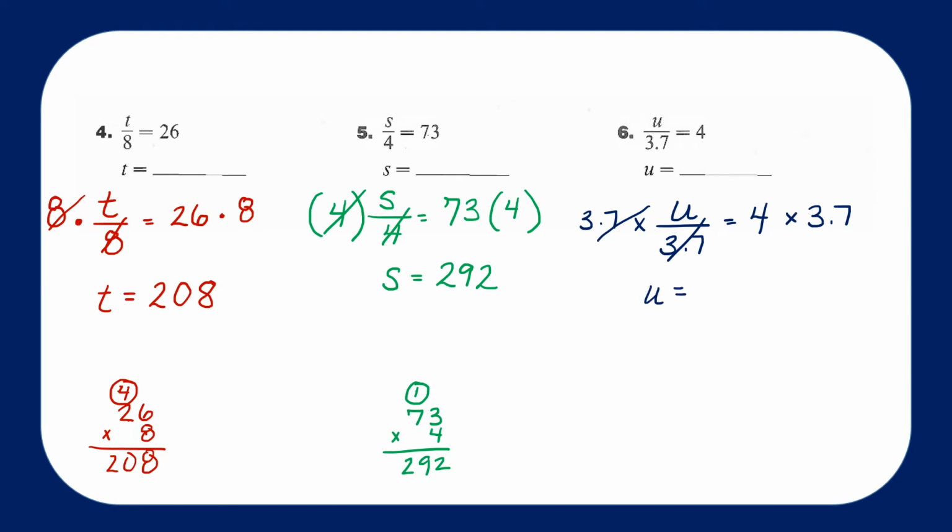U equals 3.7 times 4. 7 times 4 is 28. 4 times 3 is 12, plus 2 equals 14. I have 1 decimal place in my problem, 1 in my answer. So the answer is 14.8.